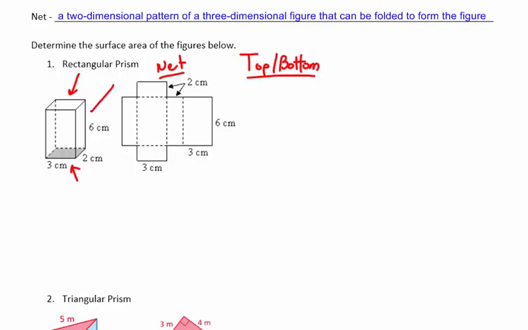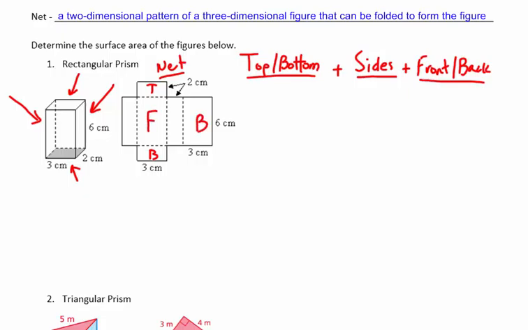And the right side and left side are the same size and shape. So plus the sides. And the front and the back are also the same size. So I'm really finding the area of 6 sides, with 2 of them being the same. So the top and bottom would be here, and this would be the front and the back, and this would be one side and this would be the other side.